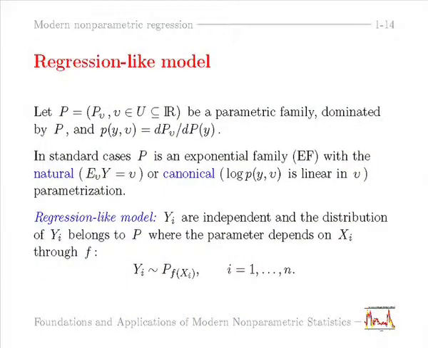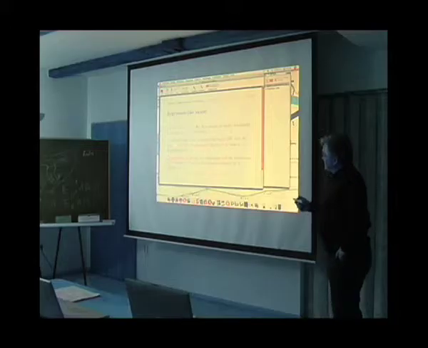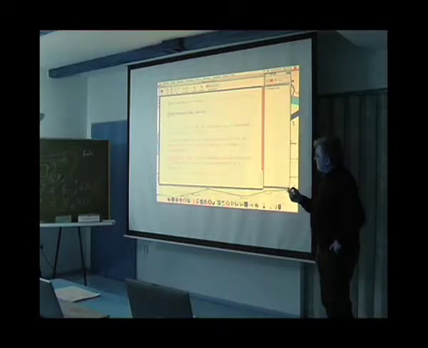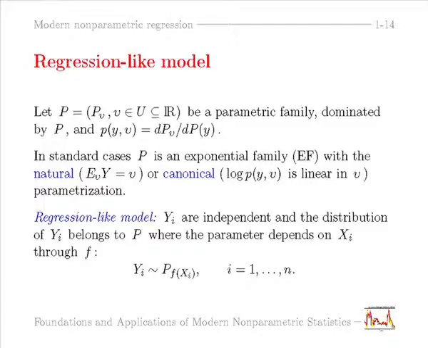That's why it's called a regression-like model. So the setup that we are entering is that we have a parametric family, again dominated by another probability measure p. We have this parametric density, and we are thinking of a standard exponential family, could be normal, could be Poisson, etc.